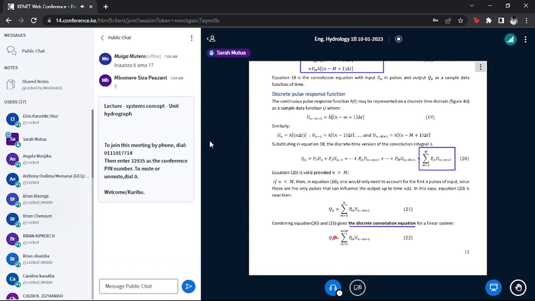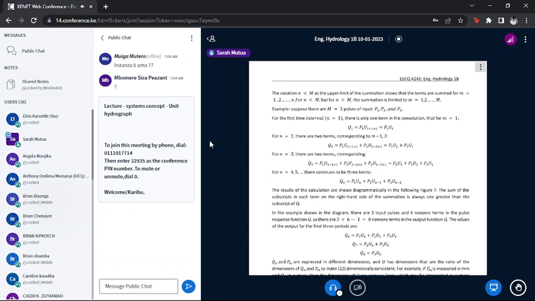If it is 4, you still calculate Qn as a function of 3 pulses. You cannot calculate the discharge with more than the maximum number of rainfall pulses. So that is what it means, and you will see it a little bit clearly from an example.